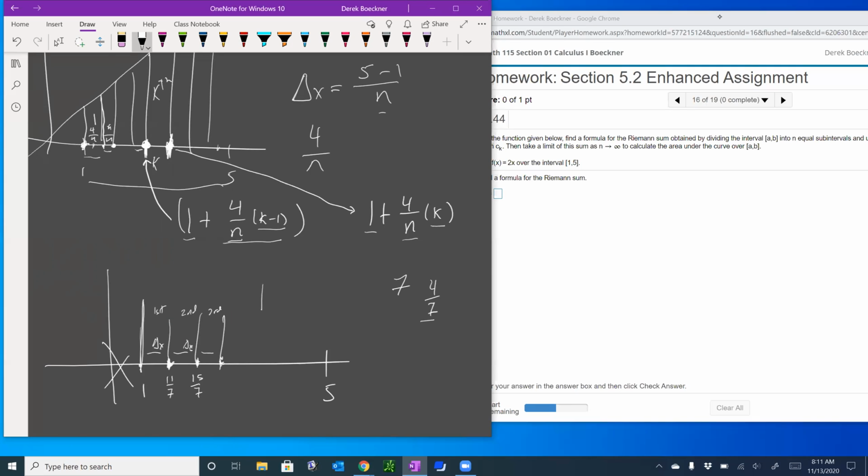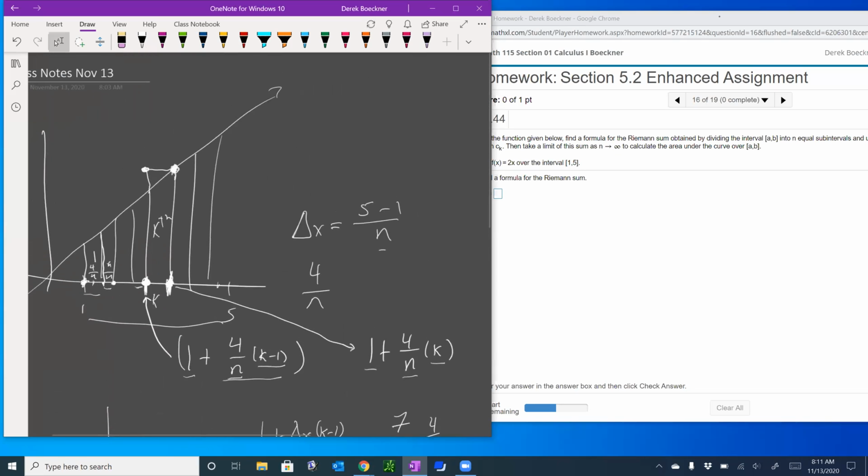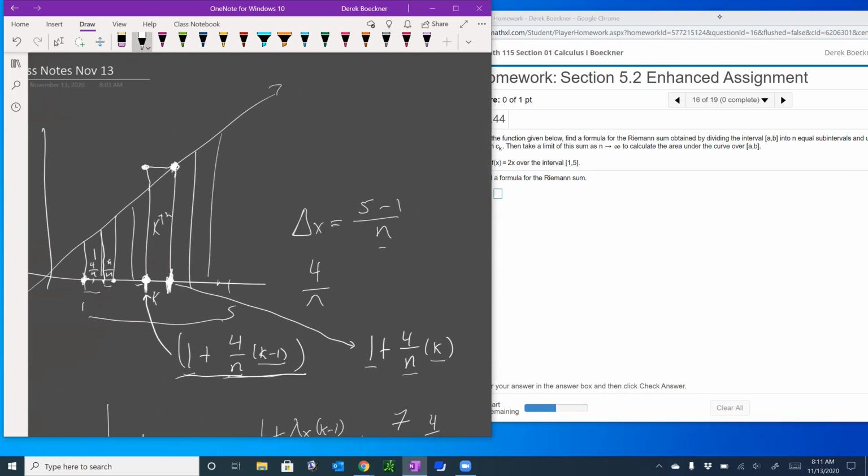So I need to start at 1, and then I add delta x k minus 1 times to get to the left-hand side of that kth rectangle. Okay. So there's my left-hand endpoint for the kth rectangle. There's my right-hand endpoint for the kth rectangle. That lets me figure out this guy.